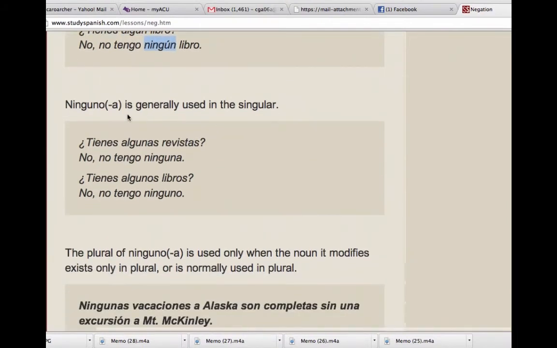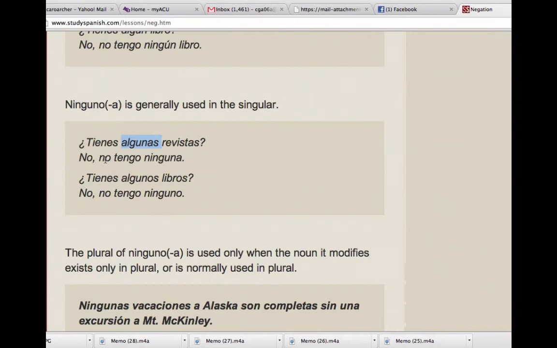Okay, ninguno o ninguna is generally used in the singular. Okay, ¿tienes algunas revistas? Here is where the noun is actually there, it's present. We're going to say algunas because this is feminine, okay, and plural.